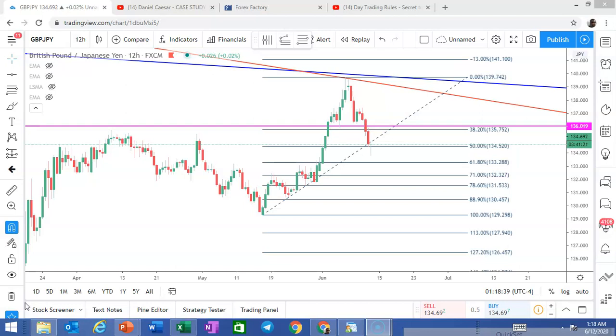So today we are going to introduce Fibonacci, the Fibonacci tool. What the Fibonacci retracement tool is, is support and resistance.